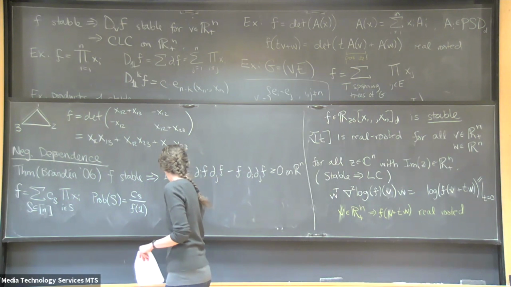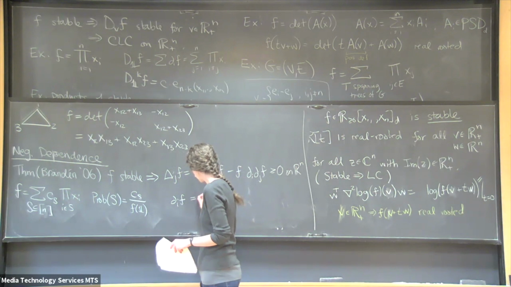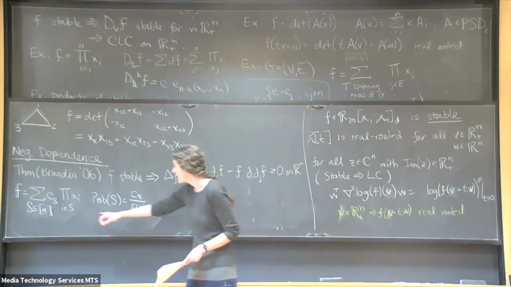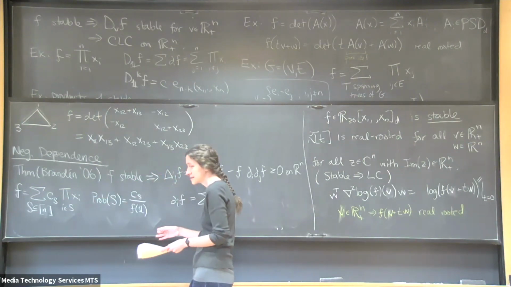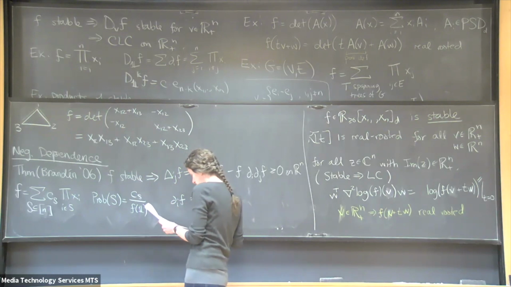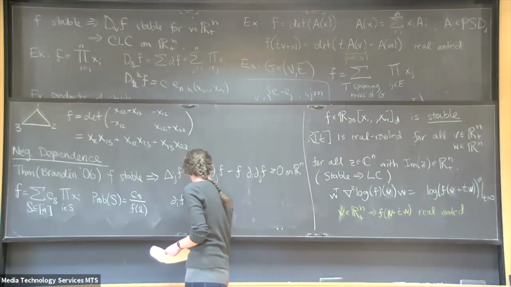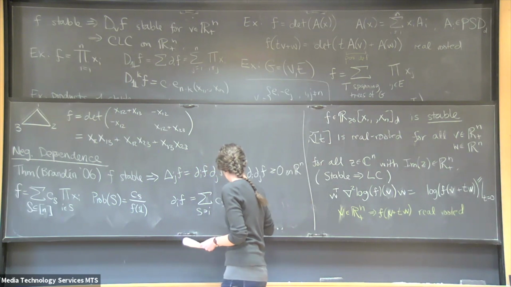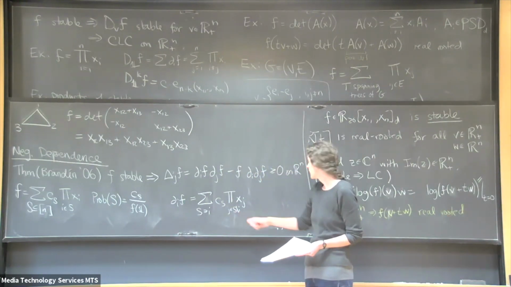Then taking the derivative of the polynomial is equivalent to conditioning. So what do we get? If a set doesn't contain your variable, it goes away. And the other ones just survive and the variable goes away. So what we get is a sum of sets S containing i, and then just the remaining variables.